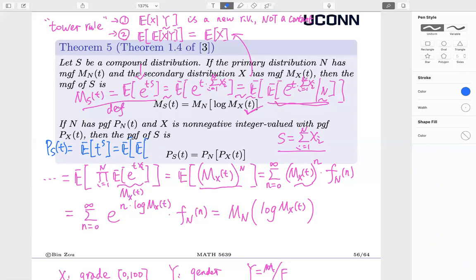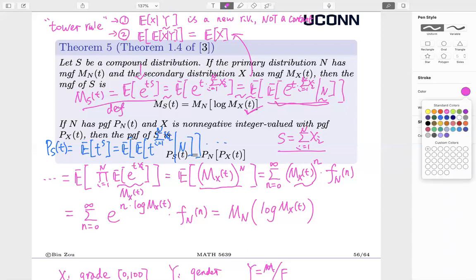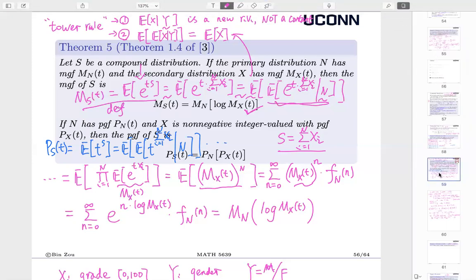So inside it will be t to the sum from 1 to N of X_i, given N, right? So I believe it's pretty much the same. So please complete this. Again, it's a little homework for you.